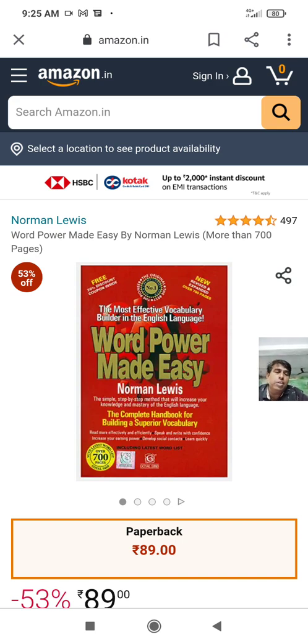this book tells you about root words. Suppose education, you know the word education. Education came from educare, from Latin or Greek.